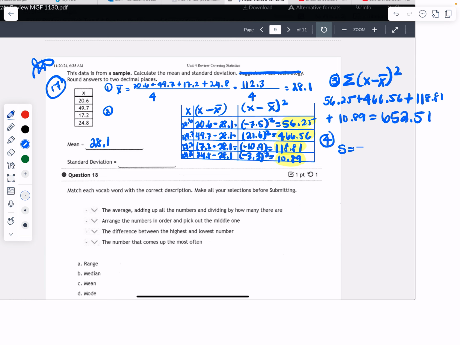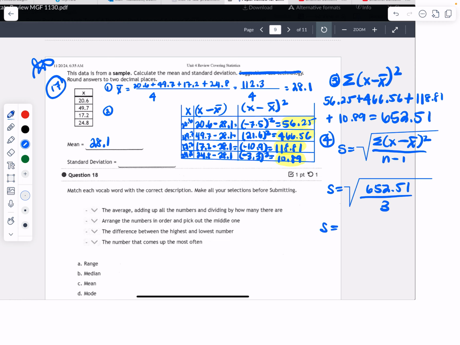Now, my last step is to find the standard deviation. The formula for standard deviation says we take the square root of the sum of x minus x bar squared, all over n minus 1. So I'm going to plug in the values. The sum of x minus x bar squared was 652.51, and n is 4, and 4 minus 1 is 3.